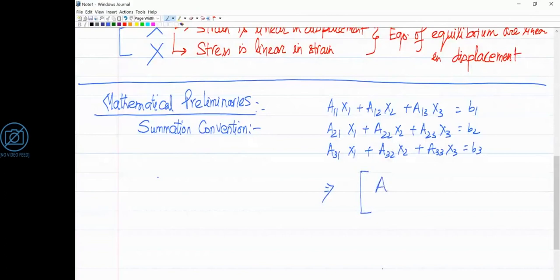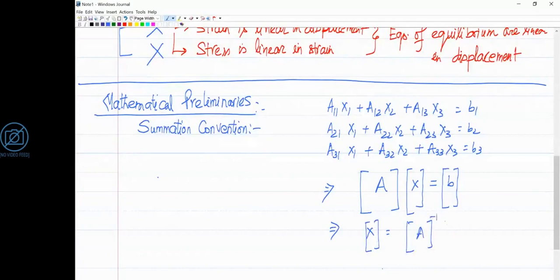So you have a matrix A multiplied with the vector x, giving you the vector b, isn't it? And then its solution is x equal to A inverse b.